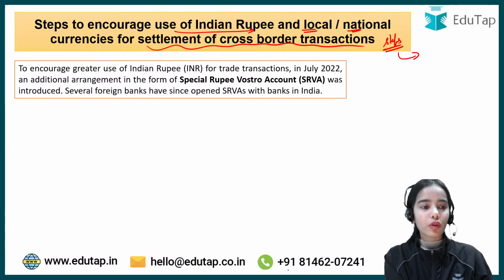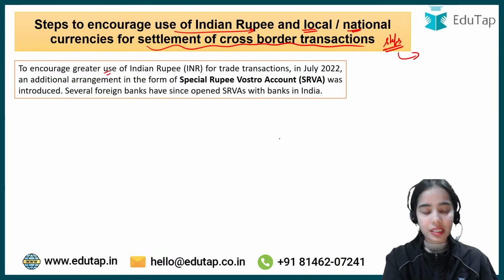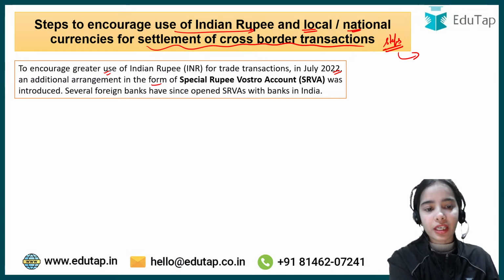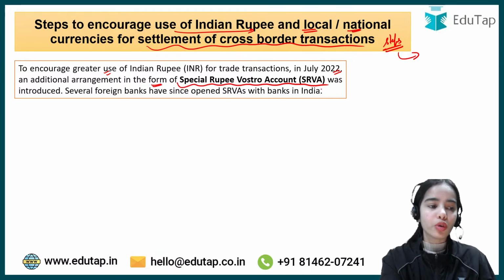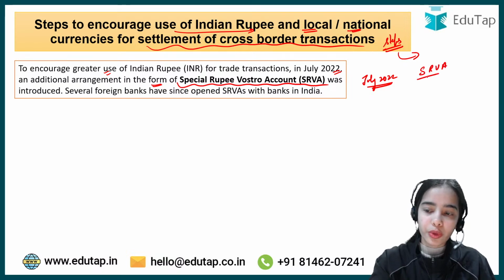First of all, to encourage the greater use of Indian rupees for trade transactions, in July 2022, an additional arrangement in the form of the special rupee vostro account was introduced. I hope you remember that in July 2022 there was the introduction of the special rupee vostro account.